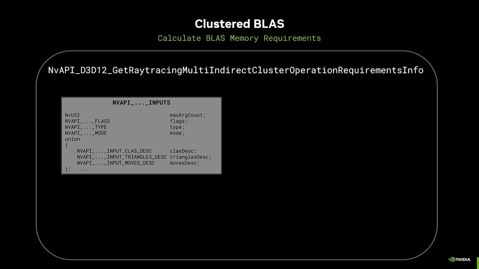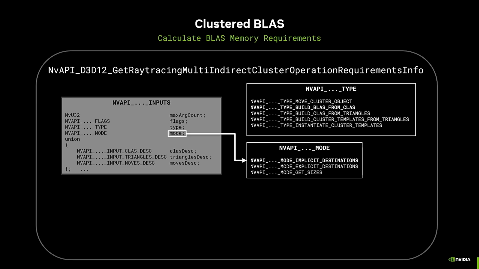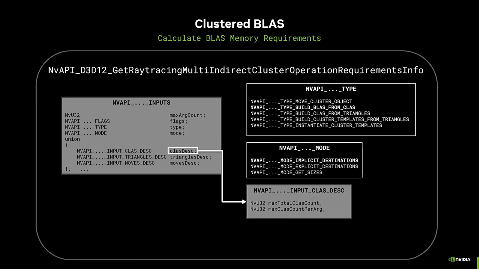Now we need to actually build BLASs out of this, and now this is pretty much the same. So we already went over this, except we built BLAS from CLAS now, but we still use implicit destinations, input type CLAS now, so you use the other union member. And now instead of specifying the max triangle count and so on, you specify the max number of CLASs referenced by each BLAS and the max total number of BLASs your entire call has.